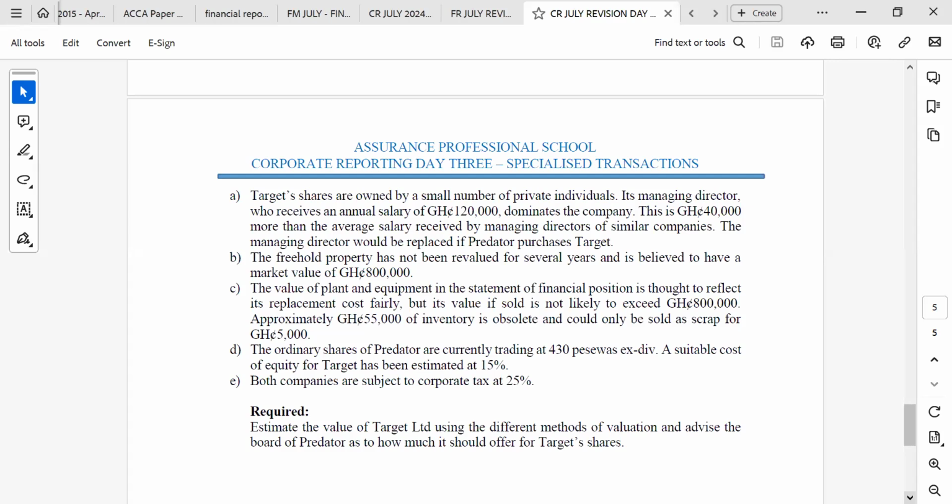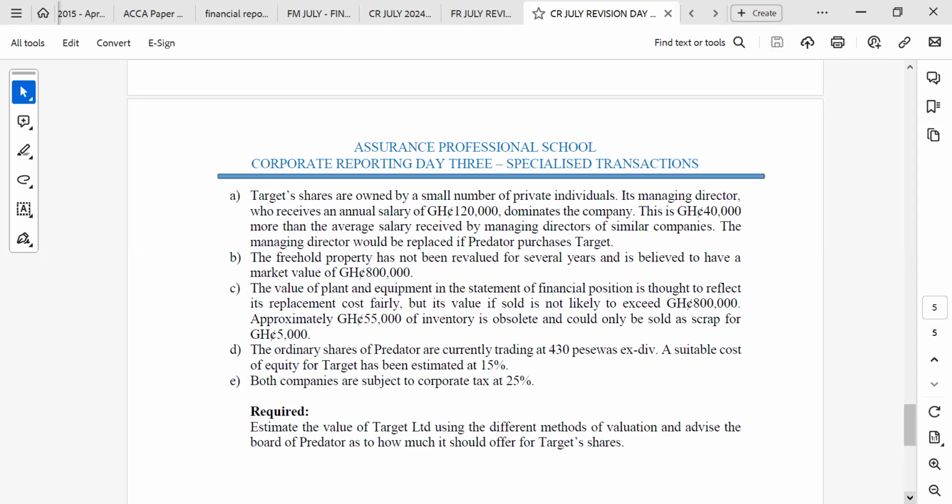This is 40,000 Ghana cedis more than the average salary received by managing directors of similar companies. The managing director would be replaced if Predator purchases Target. There will be a cost savings there, isn't it? Yes. Of how much? $40,000. Okay.